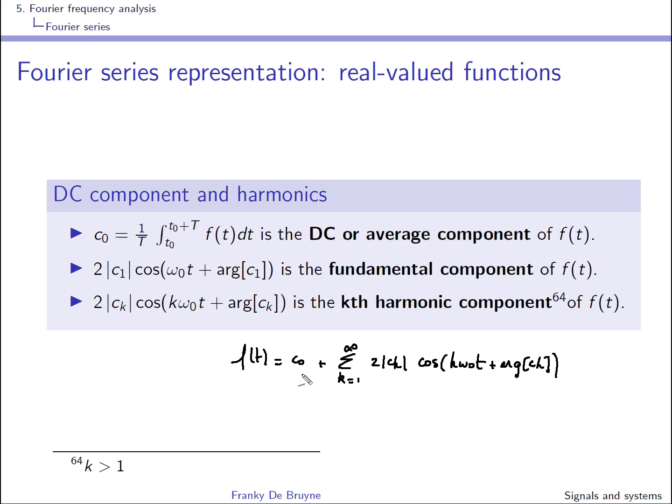This sum corresponds to terms in k, and k equal to 0 corresponds to the average component. It also corresponds to the zero frequency, and sometimes in English it's called the DC component.